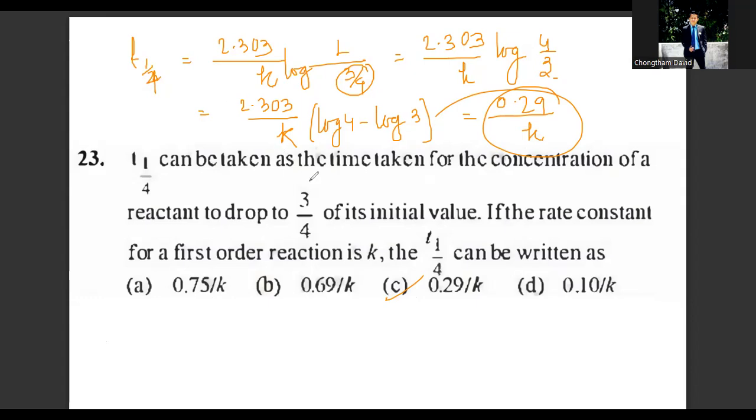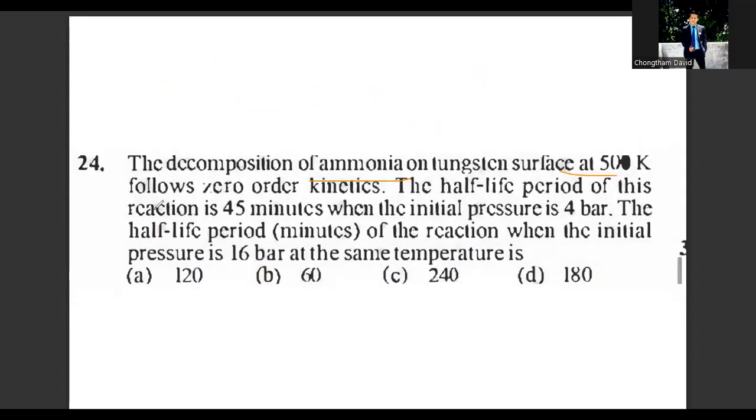The decomposition of ammonia on a tungsten surface at 500 Kelvin follows zero order kinetics. The half-life of this reaction is 45 minutes when the initial pressure is 4 bar. What is the half-life period when the initial pressure is 16 bar at the same temperature? For a zero order reaction, the half-life is directly proportional to the initial concentration or initial pressure.